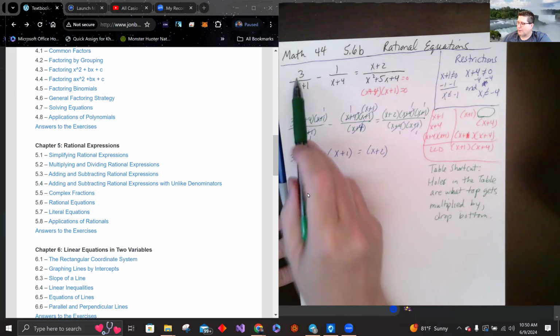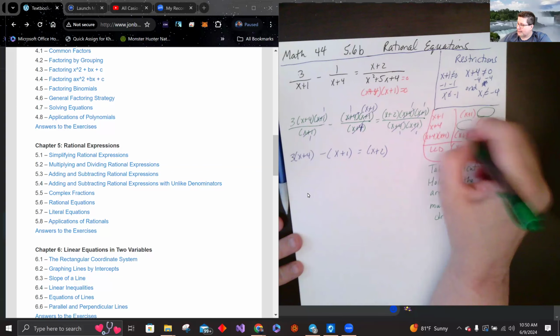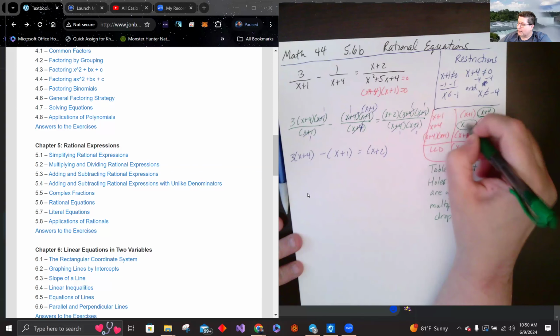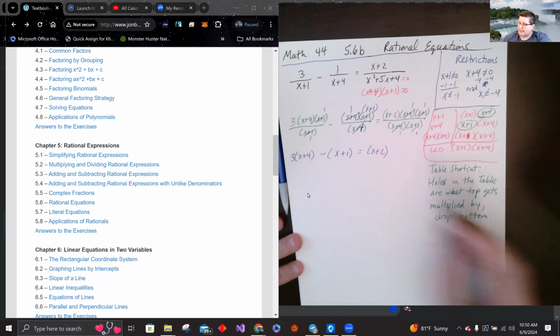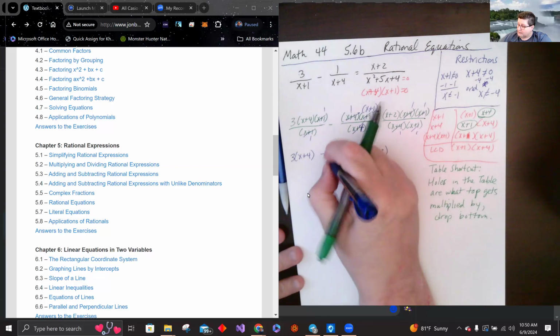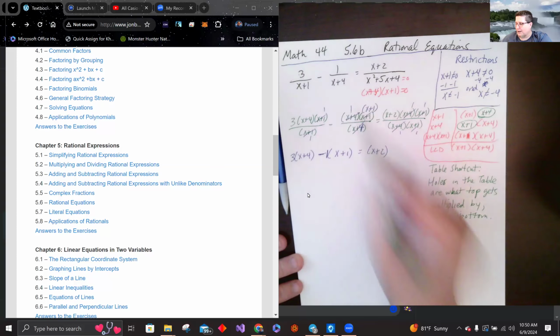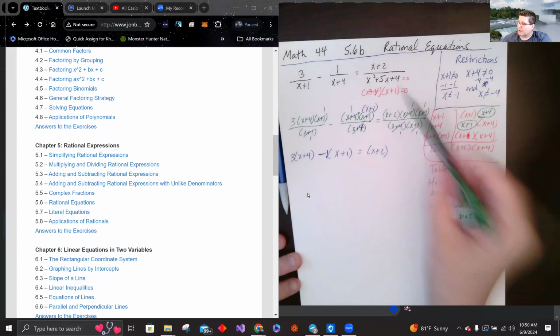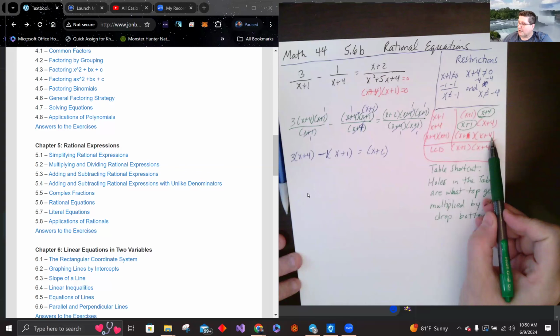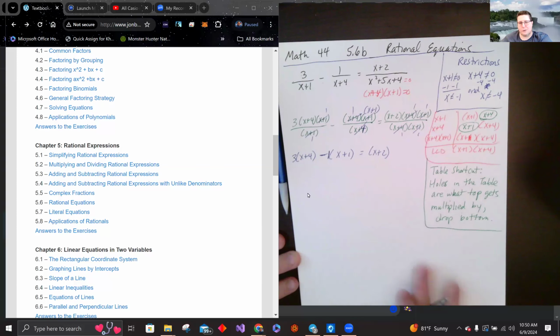I multiply the 3 by x plus 4, and I drop the denominator, I get this. The x plus 4 is missing my x plus 1. So I take the -1. Maybe I'll put the -1 in. And I just multiply by what's missing and drop the denominator. The x plus 2 wasn't missing anything, so I don't have to multiply anything. I just drop the denominator. I don't know if you like the table shortcut. It works pretty well.